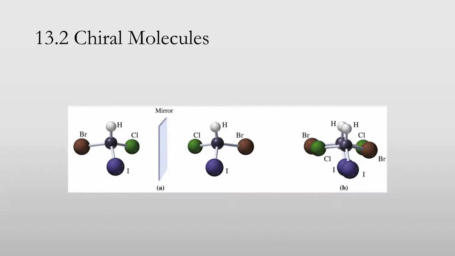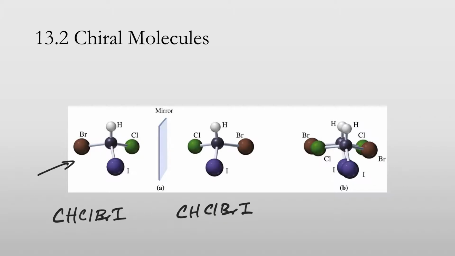On the other hand, with this molecule on the left here, we've got the chemical formula of CHClBrI, which is a ridiculous chemical formula, by the way, but we can see the one to the right of it across the mirror, CHClBrI, same chemical formula, carbons in the center in each case.